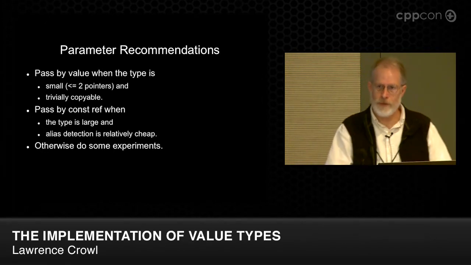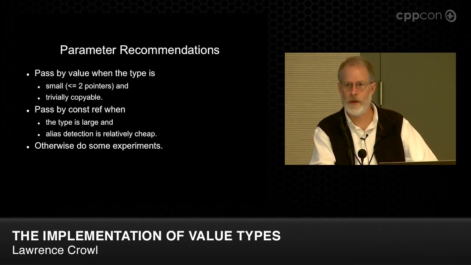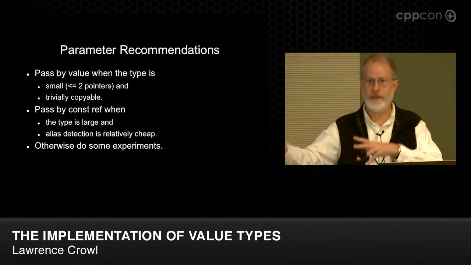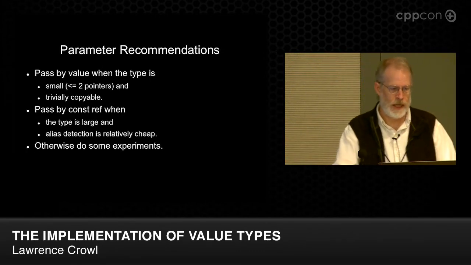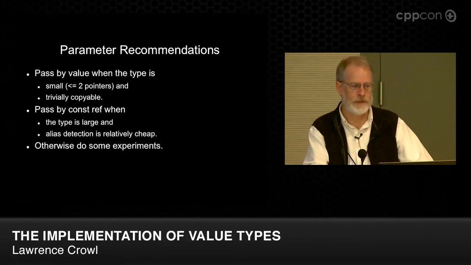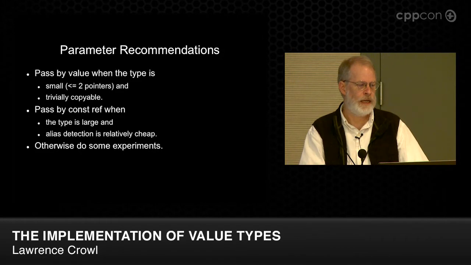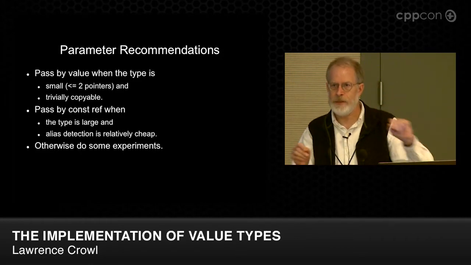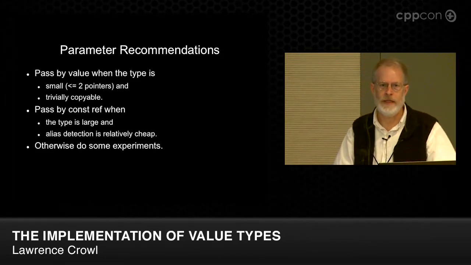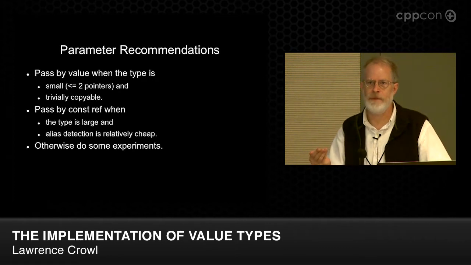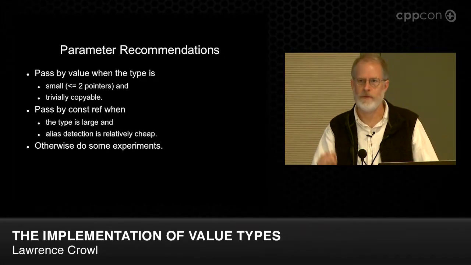Pass by const ref when the type is large, and by that I mean directly large, not indirectly large, and when alias detection is relatively cheap compared to the operations you're going to be putting on it. So there's a gap between those two. And if your type is in that gap, you want to think about doing some performance measurements.